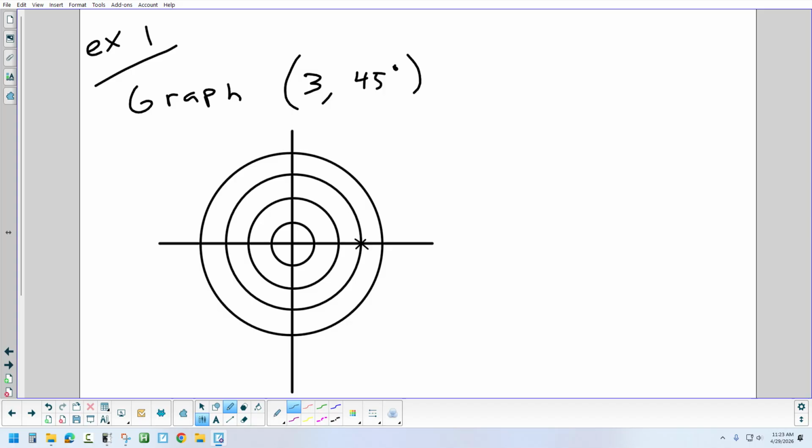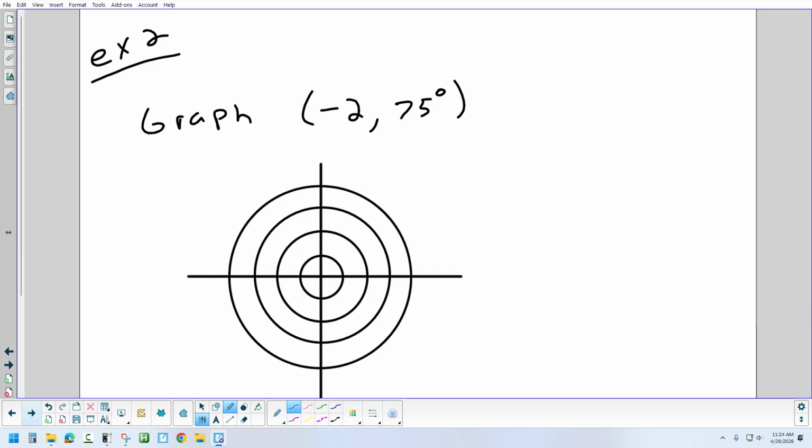So counterclockwise puts you about right there. 45 degrees is halfway towards the vertical. And that's how you graph the point, 3, 45 degrees. And then once you start graphing hundreds and thousands of points, that's when you get a whole picture like a circle or any of the other shapes I showed you yesterday. But we're just going to do single points.